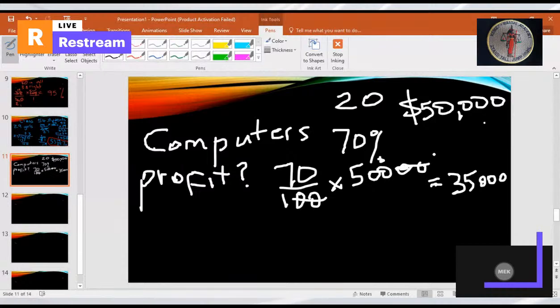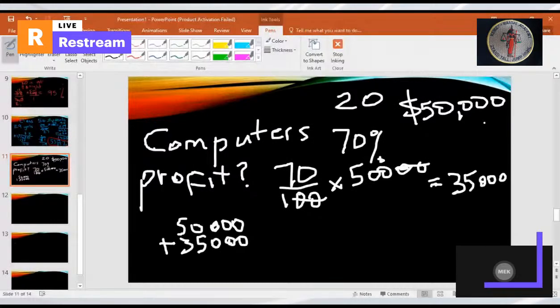So what is the price that they were sold for? We'd have to add the $50,000 plus the $35,000, and that would give us $85,000.